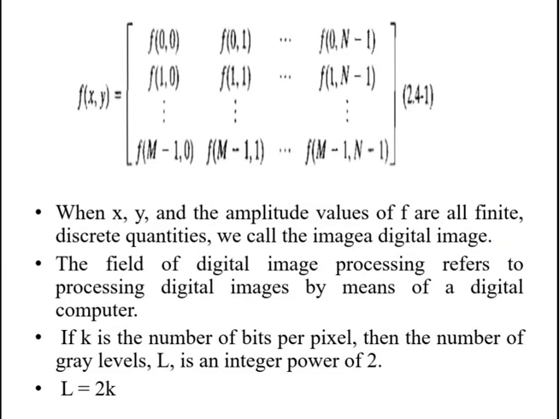We assume that the discrete levels are equally spaced and that they are integers in the interval 0 up to L minus 1. Sometimes the range of values spanned by the gray scale is referred to informally as the dynamic range. This is a term used in a different way in different fields. Here we define the dynamic range of an imaging system to be the ratio of the maximum measurable intensity to the minimum detectable intensity level in the system.